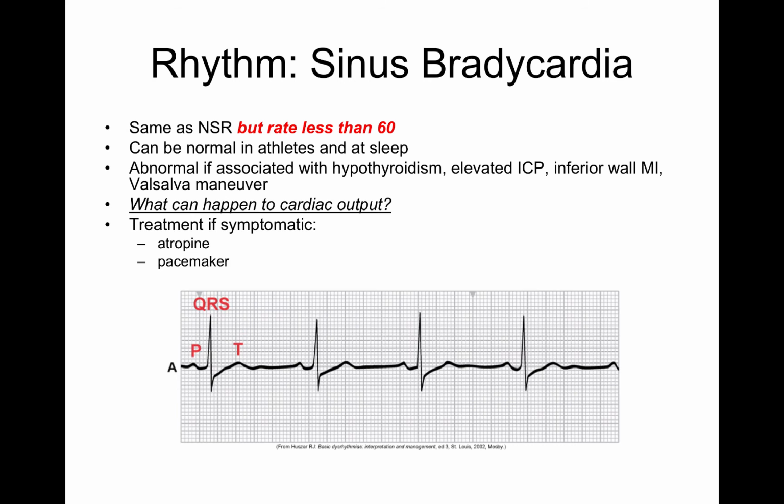As people's heart rates go low, cardiac output also goes low. Cardiac output is heart rate times stroke volume. So if our heart rate goes down, our stroke volume will also change, and our cardiac output will diminish. If the patient is symptomatic, one thing we can try is some atropine.